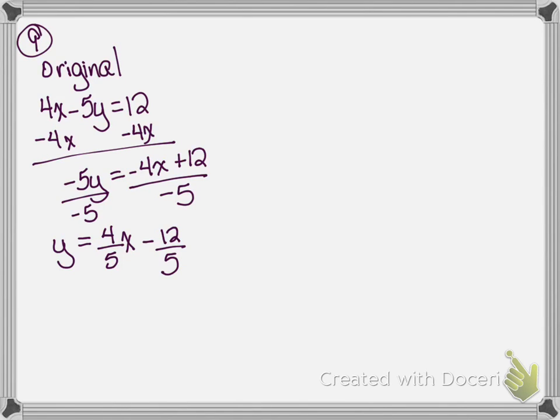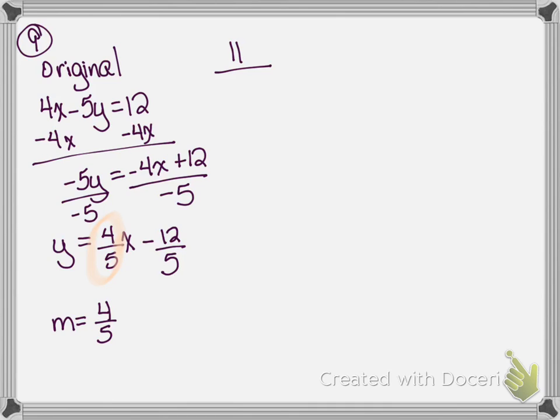Now, the only thing that I need from my original line is the slope. So the slope of my original line is 4/5, and that's what I need. I am going to take the slope of my original line and use it to determine my parallel line. My original problem says that the point goes through -1, 1.